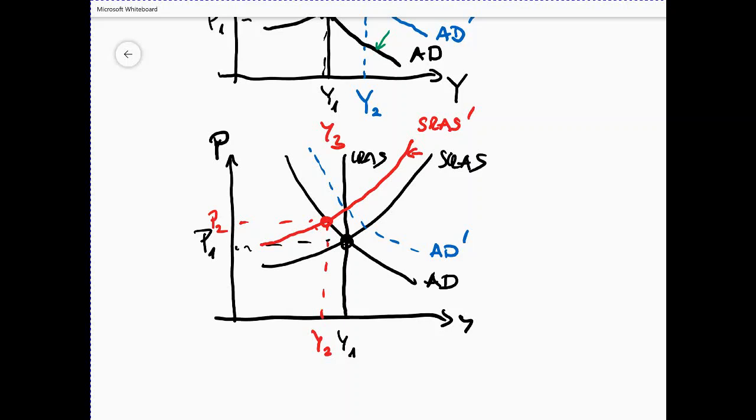Another possibility could be that simply the aggregate supply shock will disappear, for example, because energy prices will normalize. Then no government intervention is necessary, because you can reestablish the equilibrium, and then the SRAS will just simply go back to its original position, and we will have now again P1 price level and Y1 output.